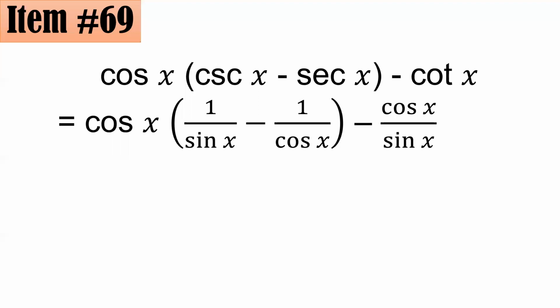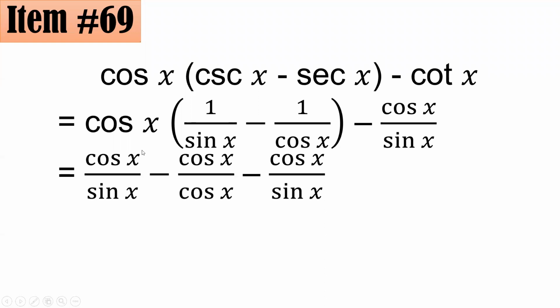I hope it's clear with you that we have just expressed them in terms of sine and or cosine whenever possible. And the next thing I did po is I distributed the cosine x to this one. So magiging the distribution cosine x times this will be cosine x over sine x. Cosine x times the negative 1 over cosine x, magiging minus cosine x din po siya. Also, I just copy the last term, which is minus cosine x sine x.